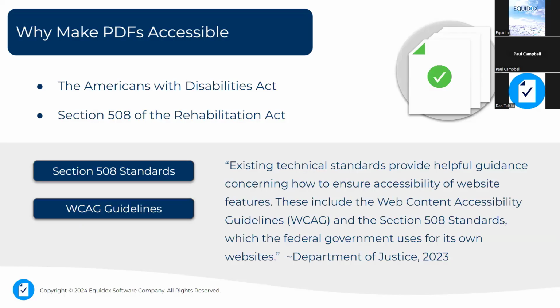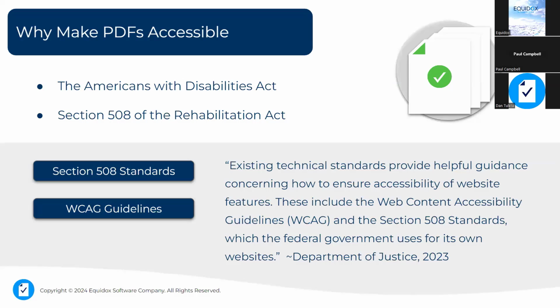Hi, everyone. Let's talk a little bit about why we are making PDFs accessible. I assume that most people on this call are at least somewhat familiar with accessibility laws like the Americans with Disabilities Act or Section 508 of the Rehabilitation Act.